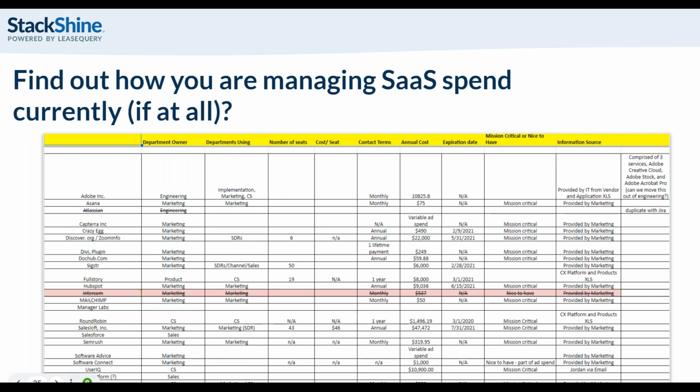As we hop to this next slide, the first thing you want to do is understand the status quo. Ultimately, you have to answer that question: how is your organization managing SaaS today? LeaseQuery itself has been having conversations with dozens of companies over the past few months, and we're even seeing it in some of our webinar responses as well.